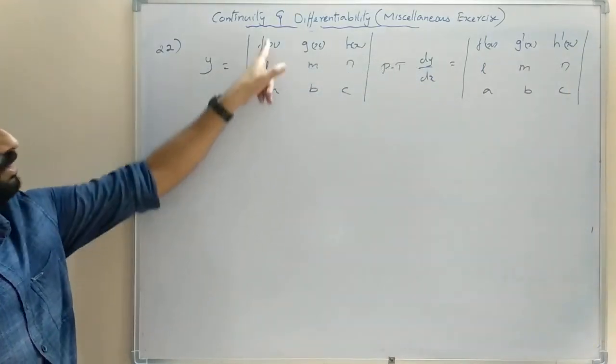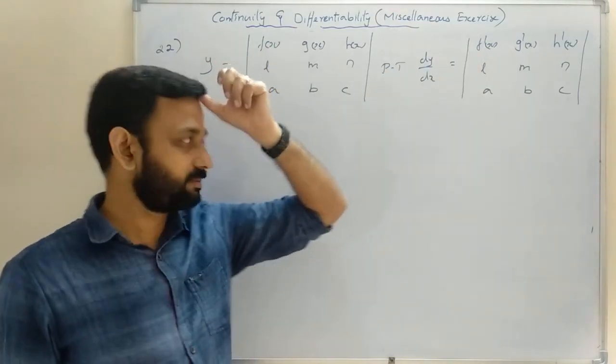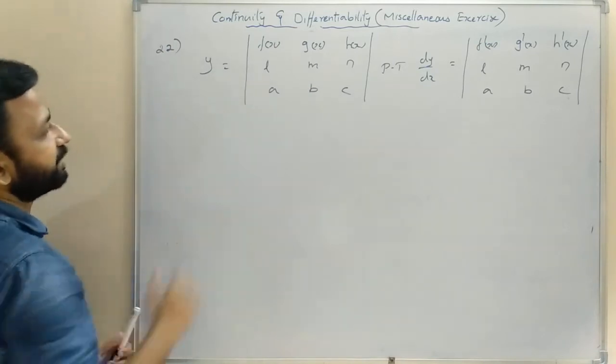If y is equal to the determinant, prove that dy by dx is equal to that determinant. So we will start from here.